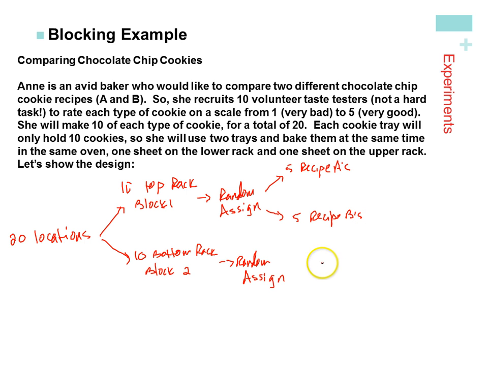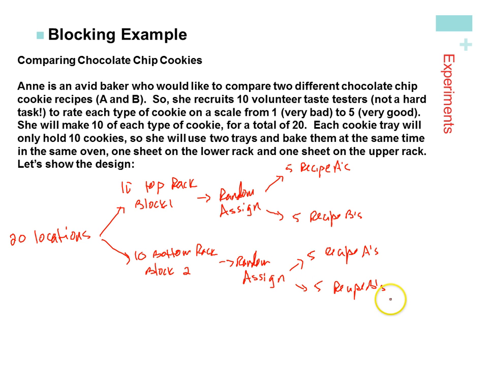Kind of weird to think about the locations. So 5 recipe A's to certain locations, and then randomly choose 5 recipe B's to be in locations on that rack, and then do the same thing down here. Randomly assign 5 recipe A's on this sheet and 5 recipe B's on this sheet.